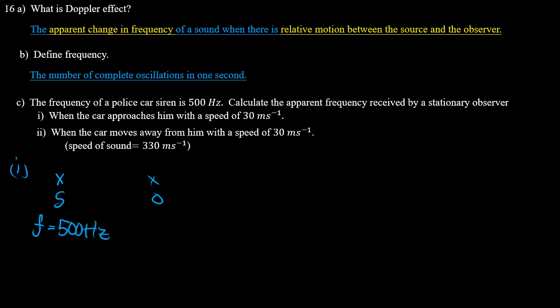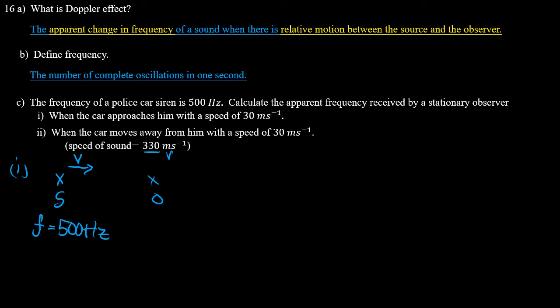Remember that the direction of your sound is always pointed towards the observer. So this V is actually the speed of sound, which is given here as 330 meters per second. So V is always pointed to the observer.